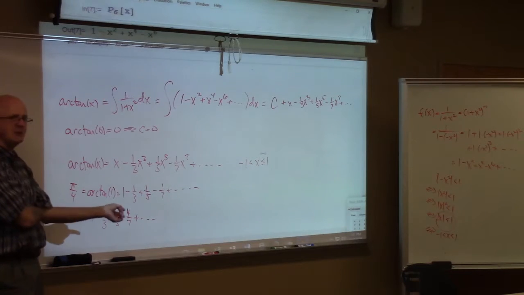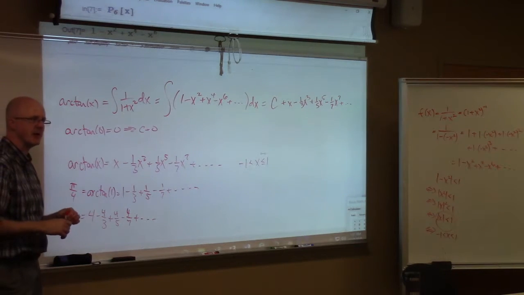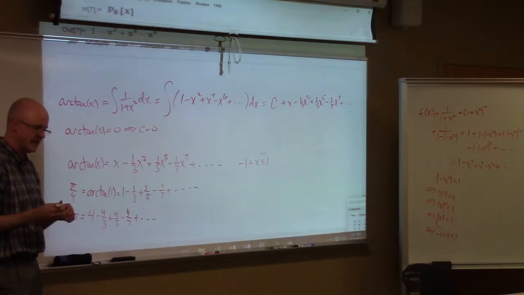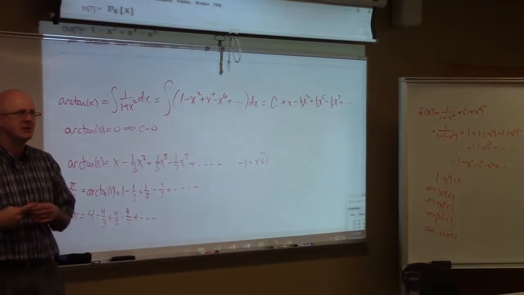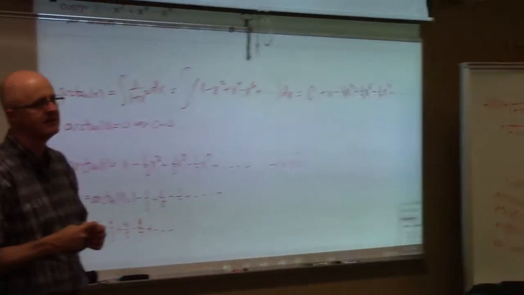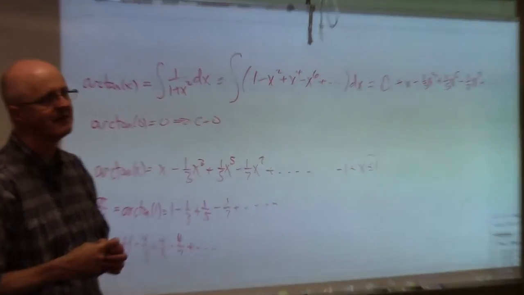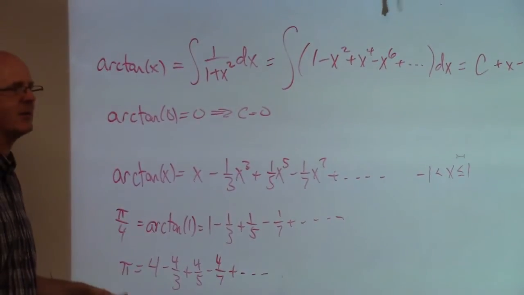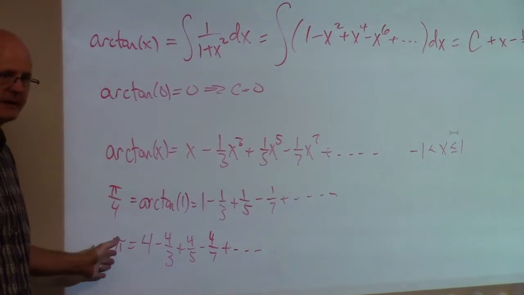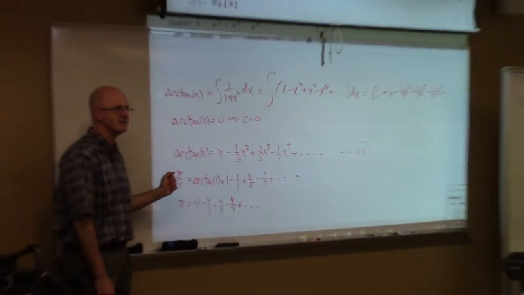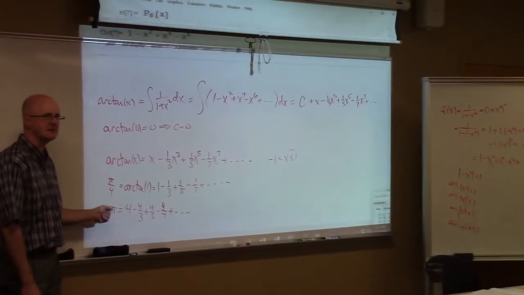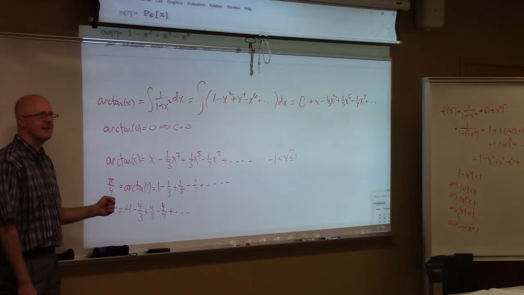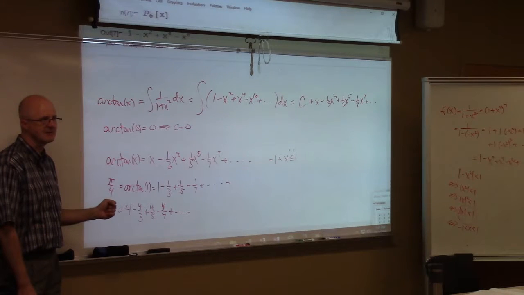And people did use this summation to try to approximate pi. However, the convergence is excruciatingly slow. It's a conditionally convergent series with very slow convergence. It does converge by the alternating series test, but very, very slowly to pi. It's not super practical, even though you can use it to approximate pi.